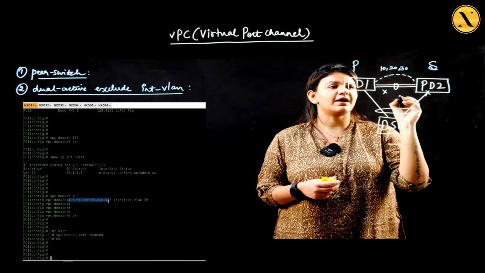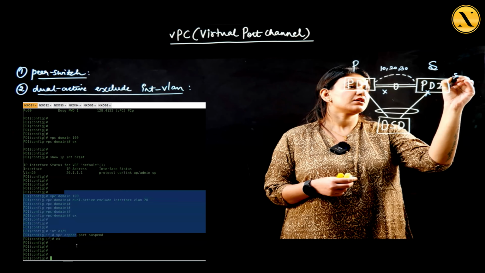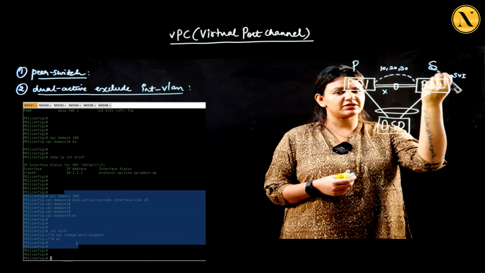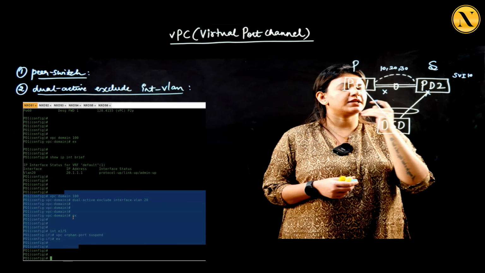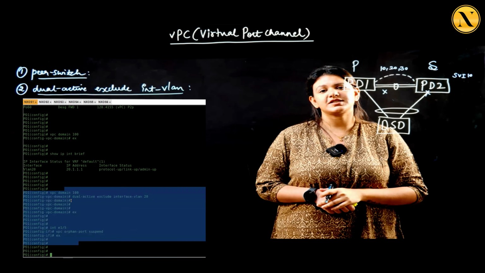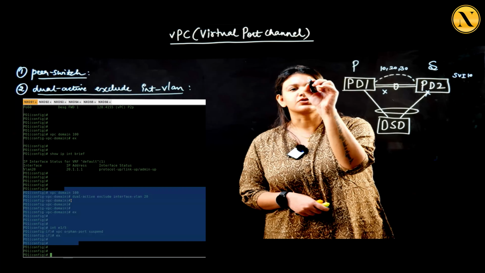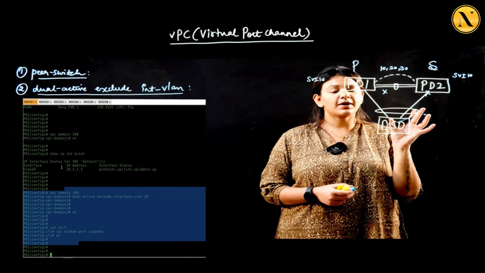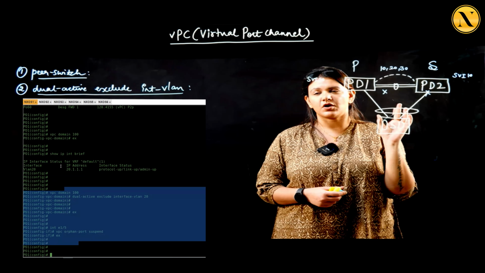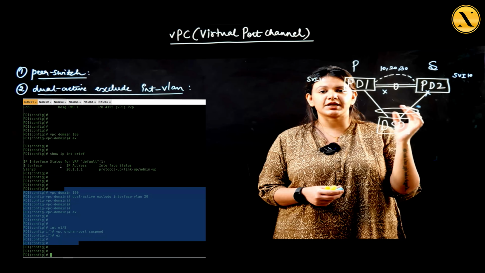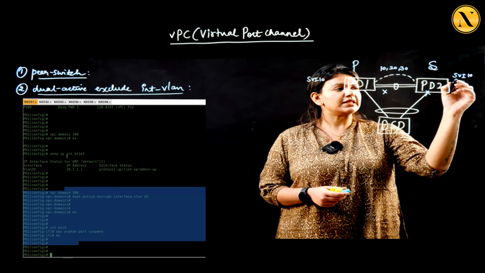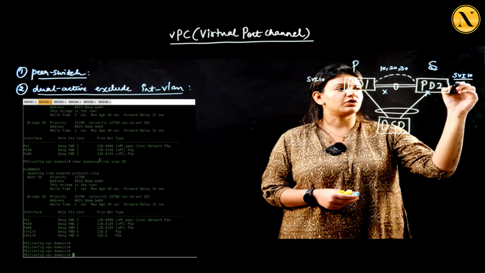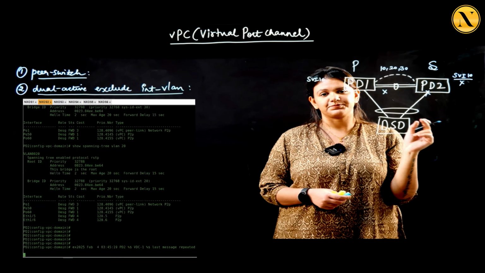If you have created any SVIs using any of your VPC VLANs, so let's assume I have created SVI 10 on the secondary device, and also SVI 10 on the primary as well. Any SVIs on the secondary device using VPC VLANs are by default also put into suspension state.